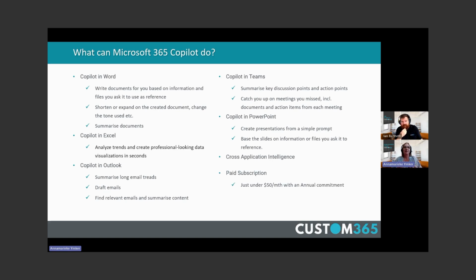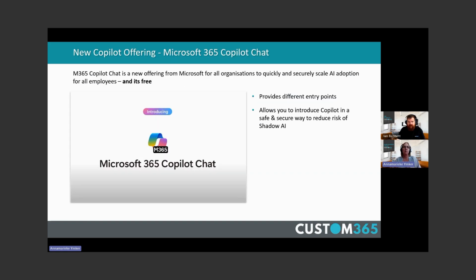Now, this is the fully featured Copilot, and you pay for that privilege. In New Zealand terms, it's just under $50 per month, but you have to commit for the year for that subscription. Now, the bright, sparkling new offering from Microsoft.